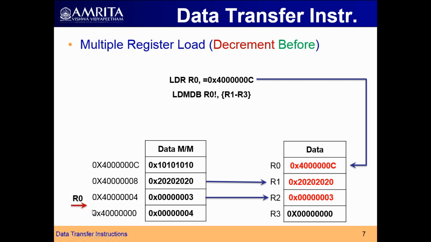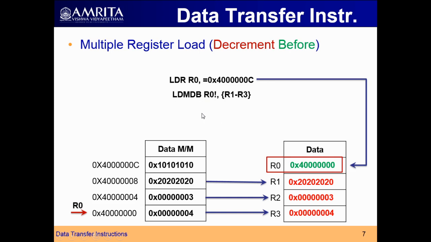Again the address pointer will decrement, and the content of that address location will be moved on to R3, right? So what will be the final address pointer? It will be pointing to 4000, right? So this will be the address location after executing LDMDB.